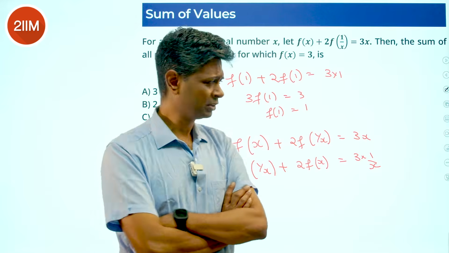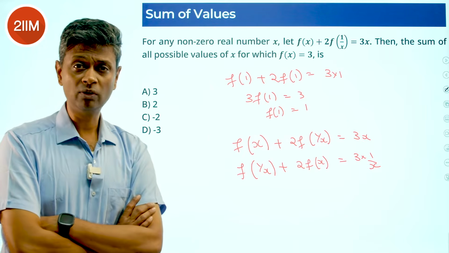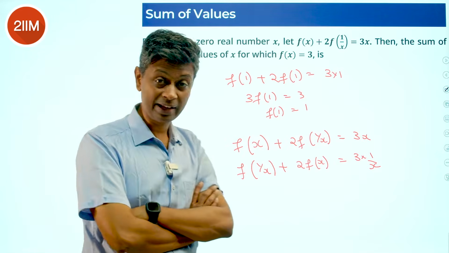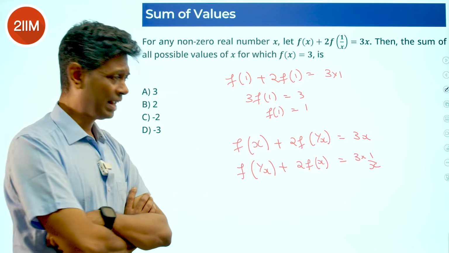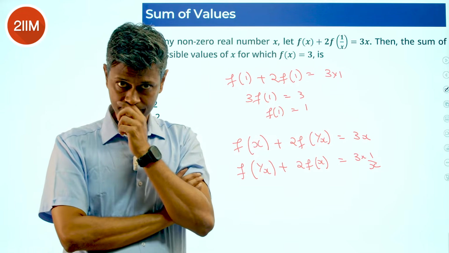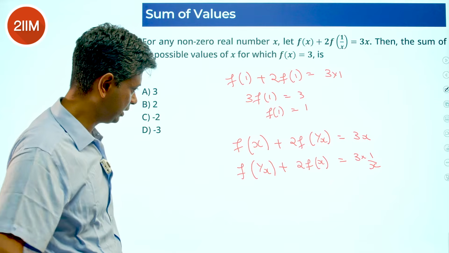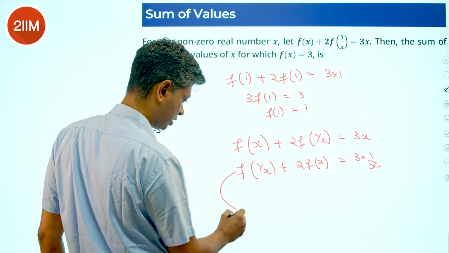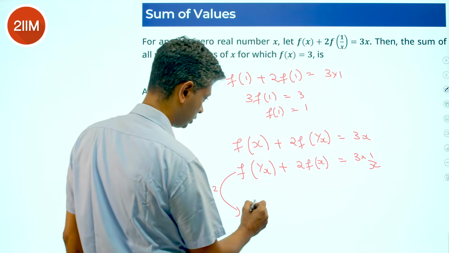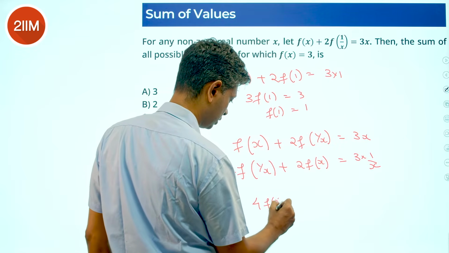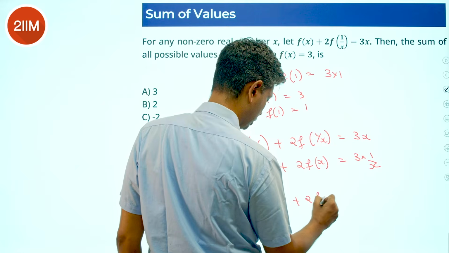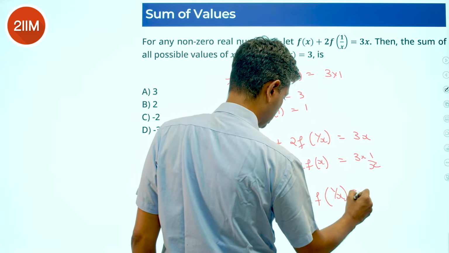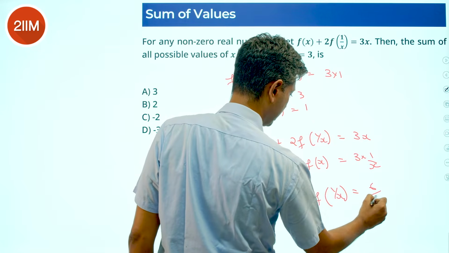Super useful, because now I can solve and eliminate f of 1 by x and get an expression for f of x. How do I do this? I take this equation, multiply it by 2. I'll say 4 times f of x plus 2 times f of 1 by x equals 6 by x.